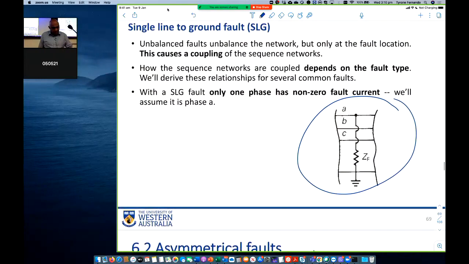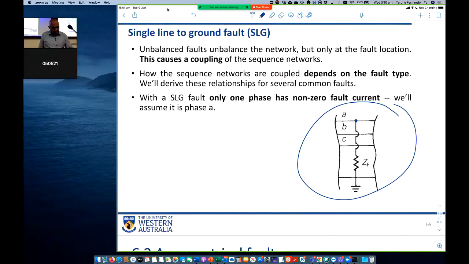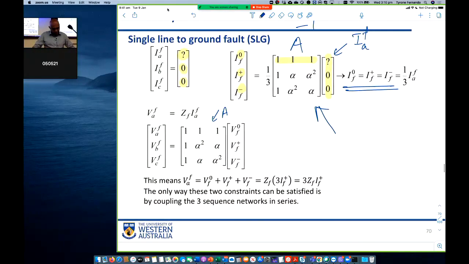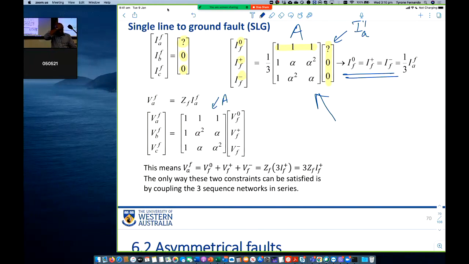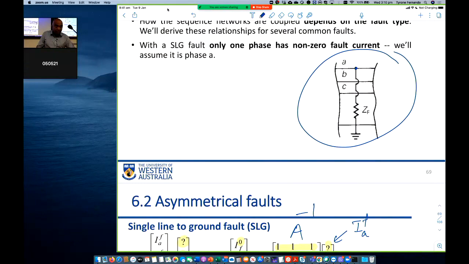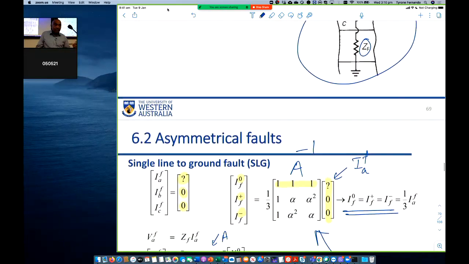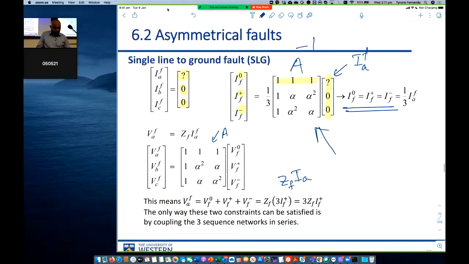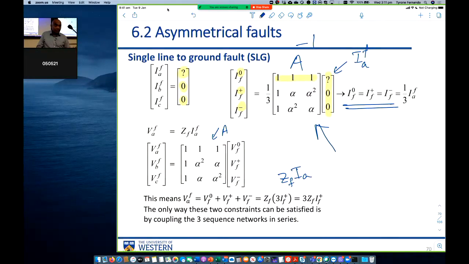If I'm looking at phase A, it's equal to 3 ZF times IA, right? Because the voltage at phase A is the current that flows through ZF, which is phase current A times ZF, right?